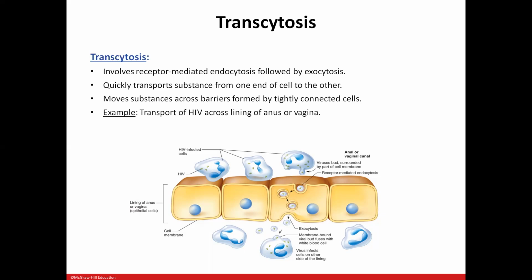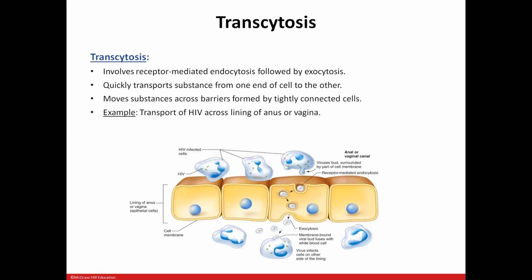Now, when it does this, now it's able to interact with our white blood cells. And one of the things that the HIV virus does is that it actually infects our white blood cells and it causes issues with something called our T cell levels, and it affects immune system response. So a lot of patients, especially like in the 1980s, one of the reasons that the death was so high was because they didn't have a way to stop this from happening.